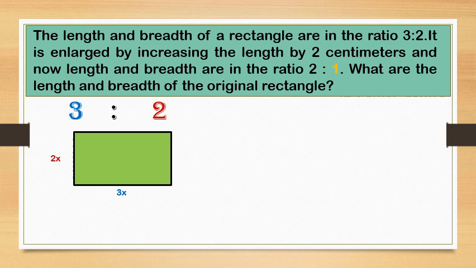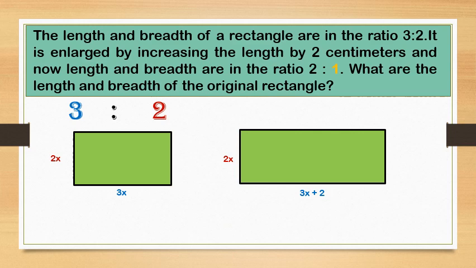Then it is enlarged by increasing the length by 2 centimeters. Then the new length becomes 3x plus 2 and breadth remains the same, that is 2x. Then the ratio is 2:1, that is given in the question. How do we compute x using this fact? Yes, first let us write it in the form of a fraction.